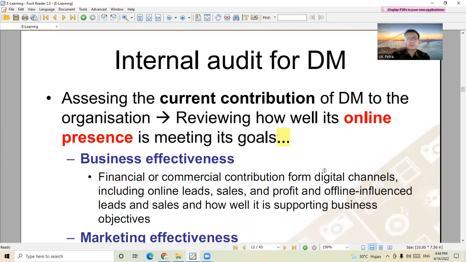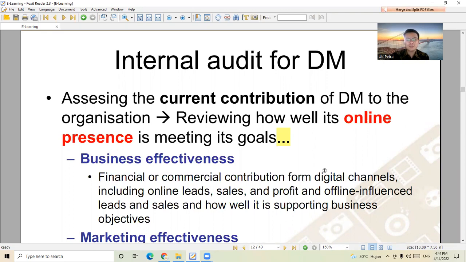In other words, companies have spent a lot of money on digital marketing. They want to have some returns. They want to know whether digital marketing is effective in bringing more revenue to the companies.